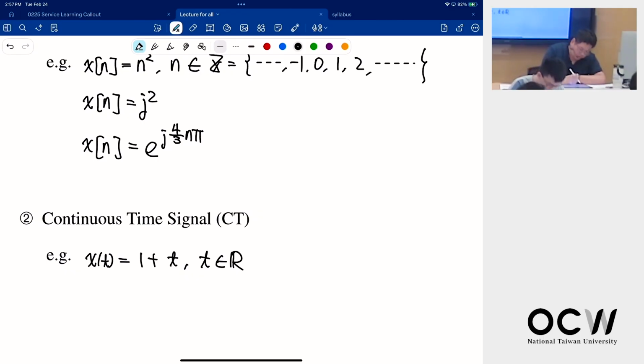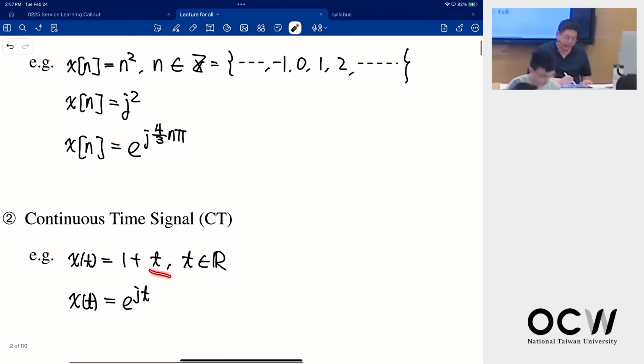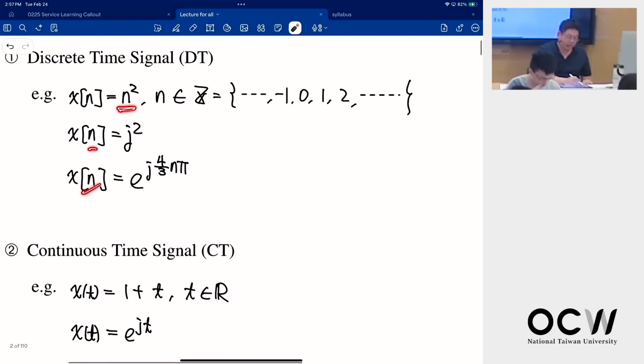Or we can have a complex exponential, e to the jt. You can see that this t is a real number, but here the n is an integer, positive and negative integers.